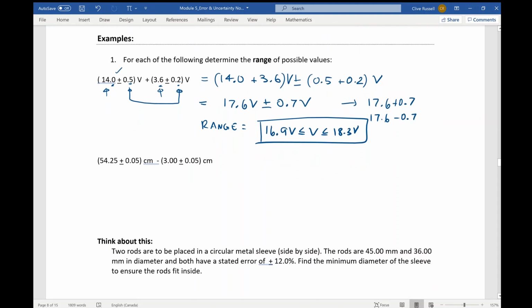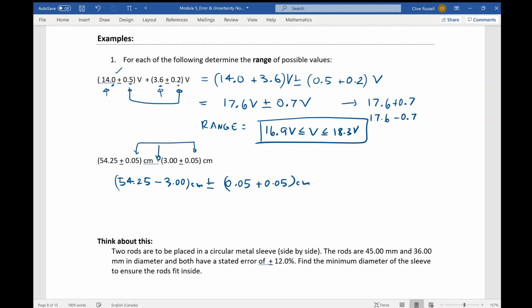Here's another example. Again, we're now subtracting. So we have 54.25 centimeters, but we're subtracting 3.00 centimeters. Now, we're going to be adding the absolute errors, so it's going to be 0.05 plus 0.05. That's going to be centimeters.